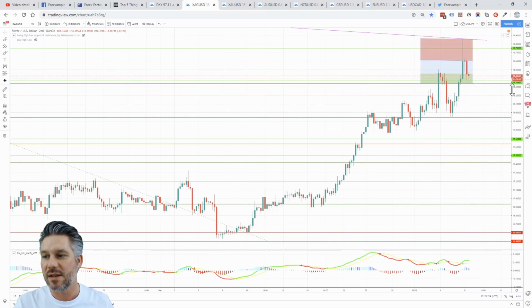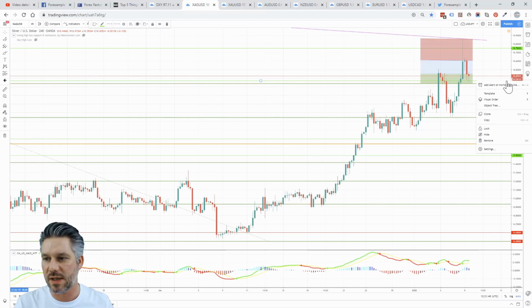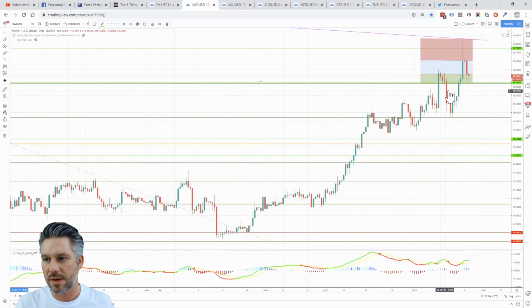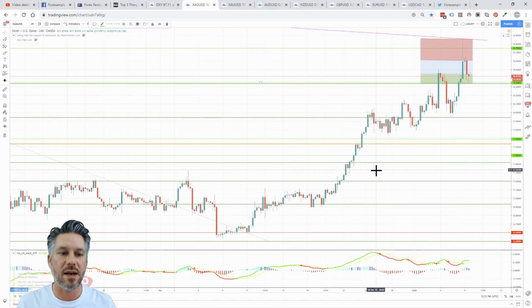The problem is that we're at a key level here at 1835. Let me just adjust that actually. Yeah, this should be 1835, which is a key level of support.